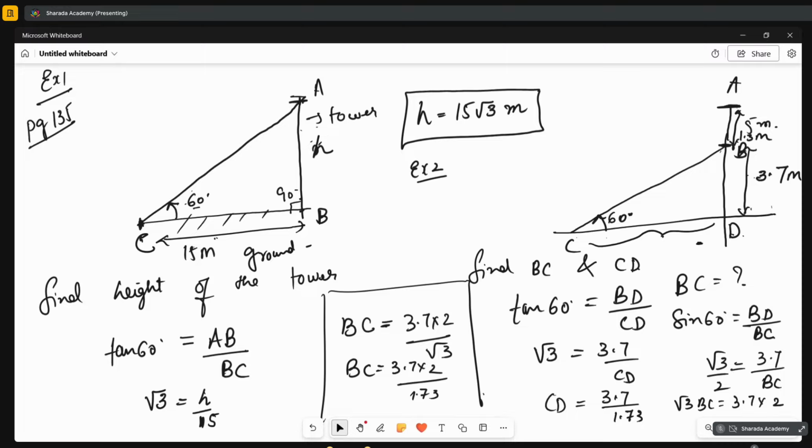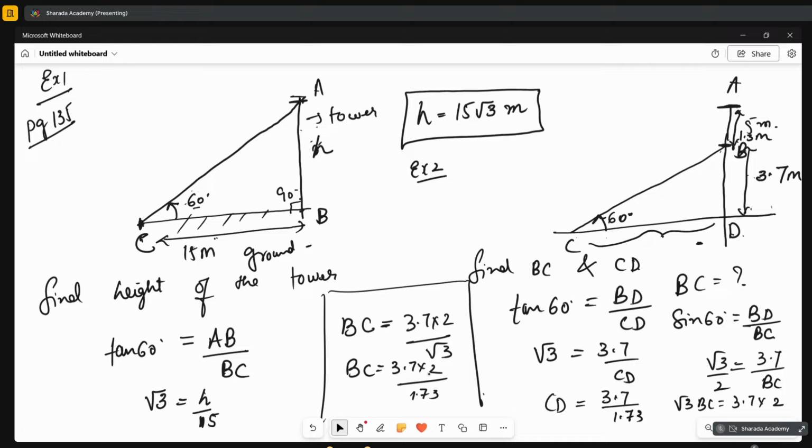Normally we do it without substituting the root 3 also. Somewhere you have to substitute. Even if you rationalize, you have to substitute again.